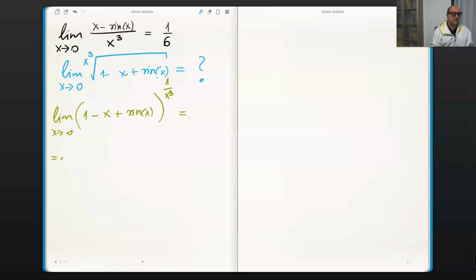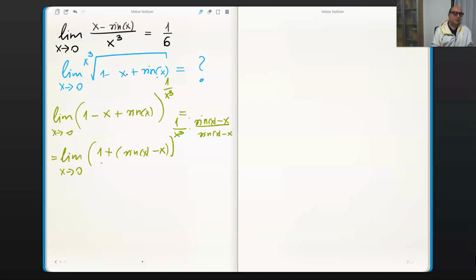Now we can write it as limit x towards 0 of (1 plus (sine of x minus x)), and then we multiply the exponent 1 divided by x cubed by 1, which we are rewriting as (sine of x minus x) divided over (sine of x minus x).